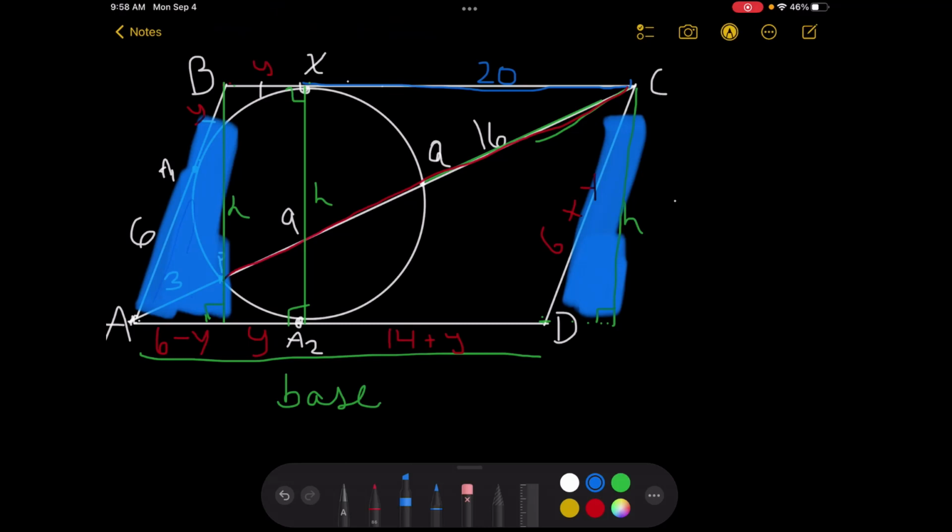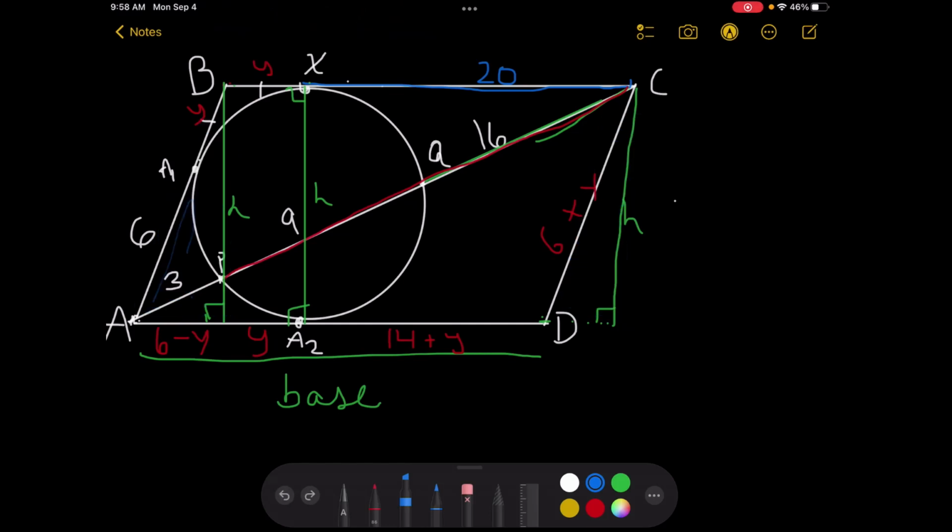Their hypotenuse is both 6 plus y and 6 plus y, and their heights are both h. So that means their bases are the same. So this part over here is 6 minus y as well.